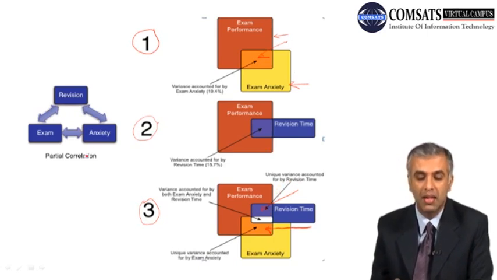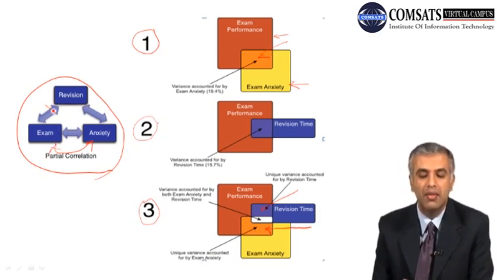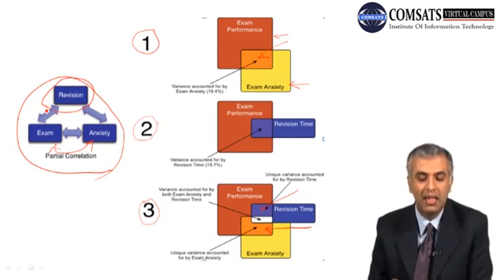Here you can see from this diagram, the relationship between exam and anxiety is found from the correlation coefficient. However, there's a third variable which has a relationship with both of these and which would have an impact.